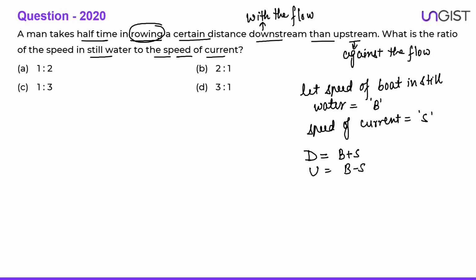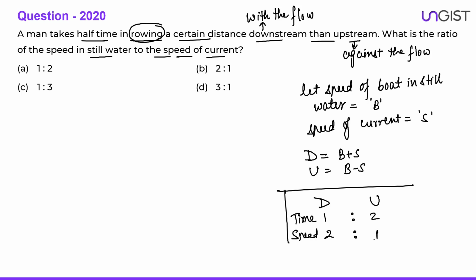The question says a man takes half the time in rowing a certain distance downstream. See everyone, the ratio of the time is given for downstream and upstream. A man takes half the time, so if this is 1, then this is 2. So the ratio of the speed will be the reverse of it, which is 2:1.